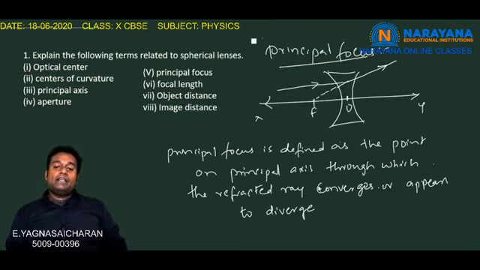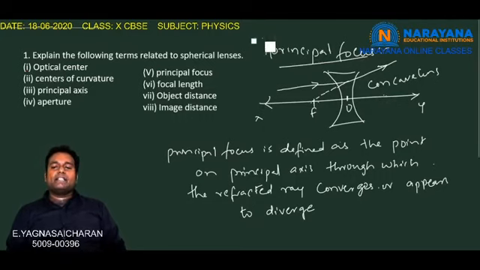So here the refracted ray converges at focus in the case of convex lens, and they appear to diverge from focus in the case of concave lens. So in concave lens they appear to diverge out, whereas in the case of convex lens they converge at a particular point on principal axis known as focus, or it is also called principal focus.